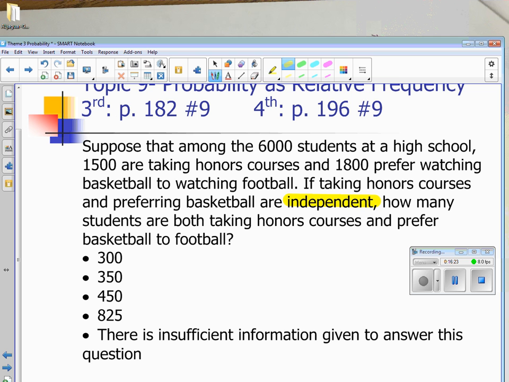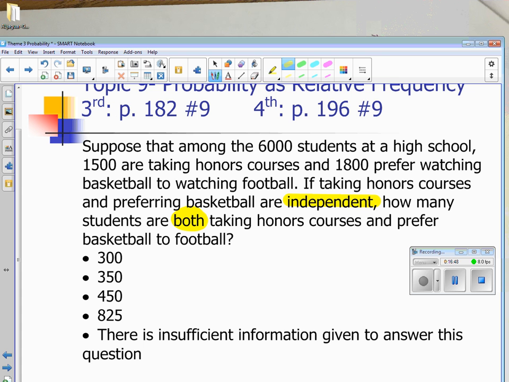So we know we're not dealing with conditional, okay? That's a key word. That eliminates some choices for us. What's another key word? Both. Okay? So both means one and another. The word and means I do what operation? Add or multiply? Multiply, that's all you're doing. And since they're independent, you can just straight multiply them.